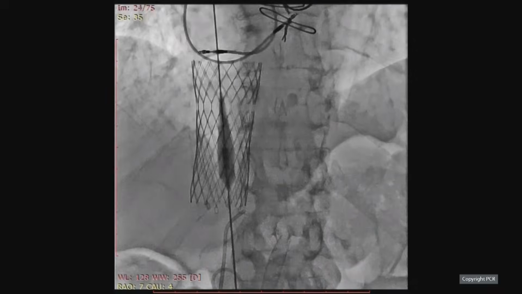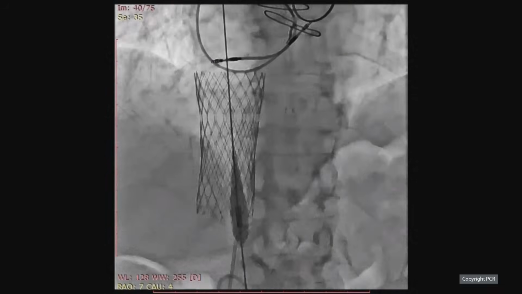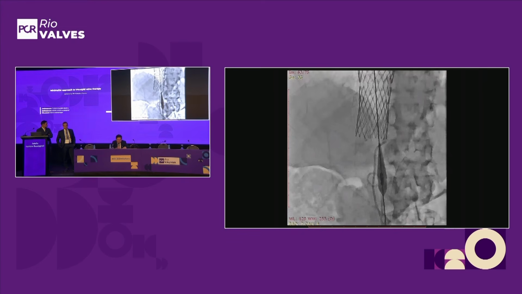This is a very important step. You show it very well. Very slow deployment, especially in the inferior vena cava valve, and in the end, relieve the tension because the valve can jump to the right atrium.